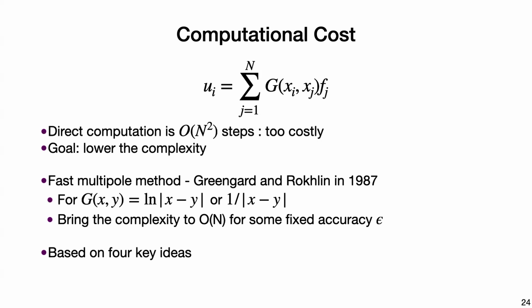Yes, U is the cumulative effect that all other points are having on point x sub i, and F is the charge or the force coming from every other point j.